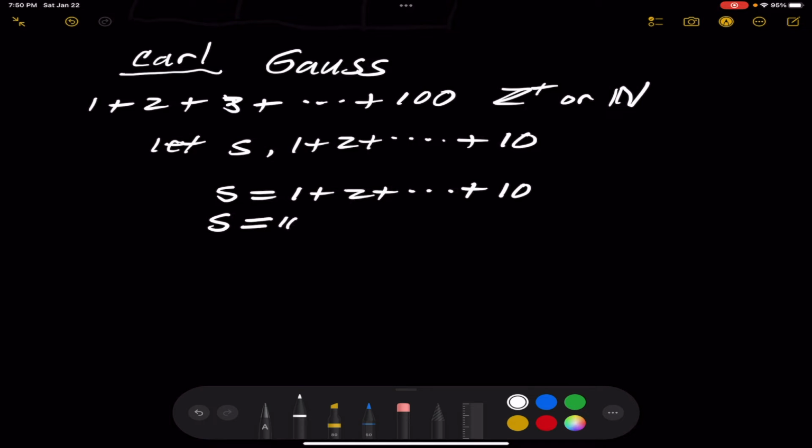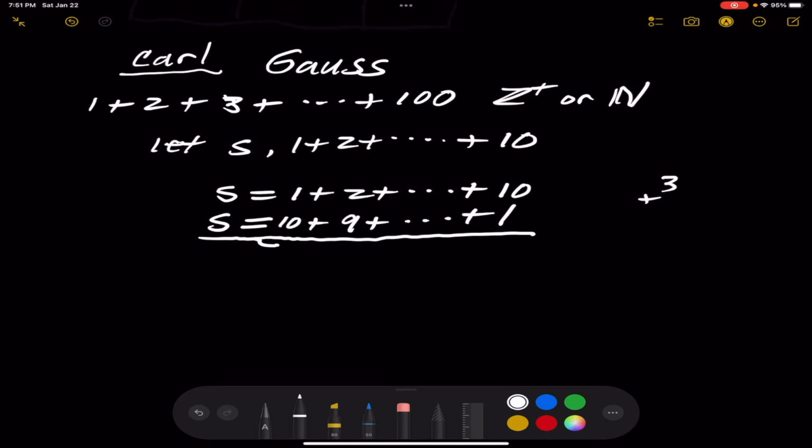So he started with 10 plus 9 plus ... plus 1. And then he just added them together, just like you would do 3 plus 1 equals 4. So add a plus sign here, and you get 2S equals 11 plus 11 plus ... plus 11.